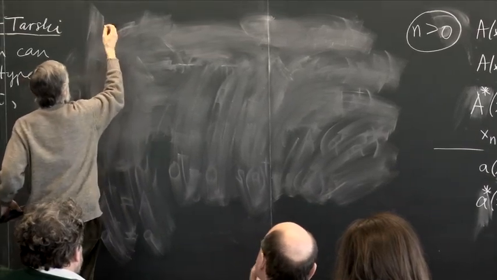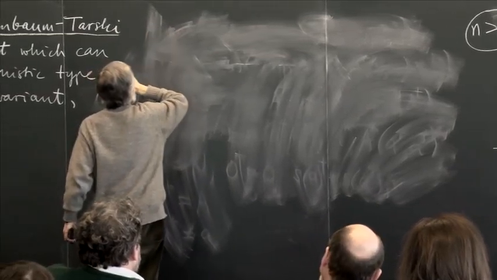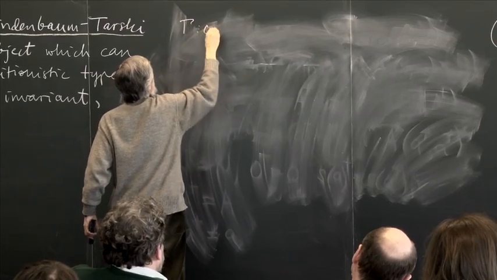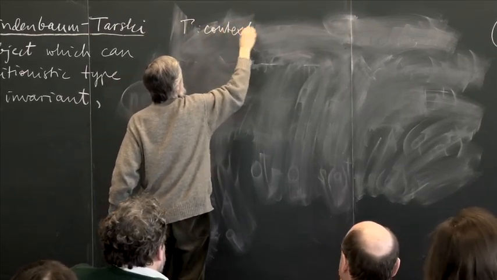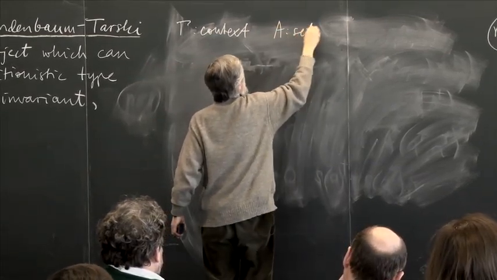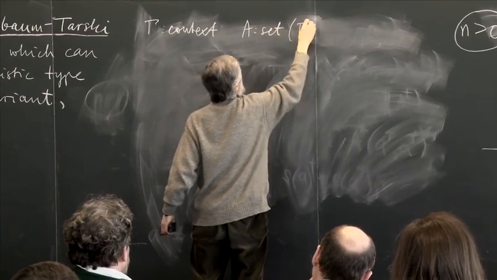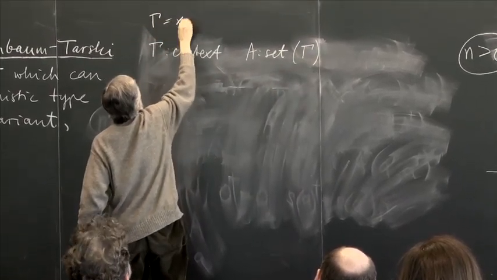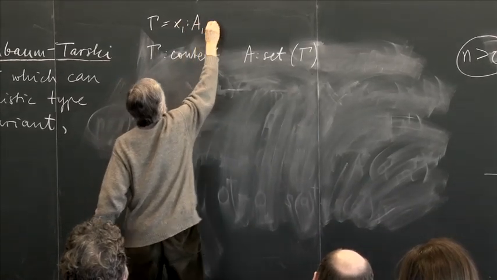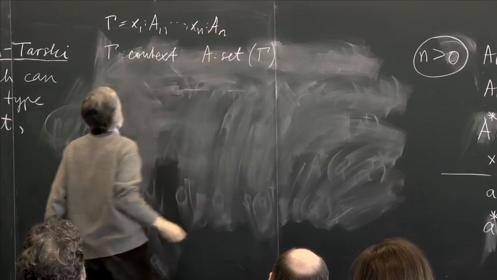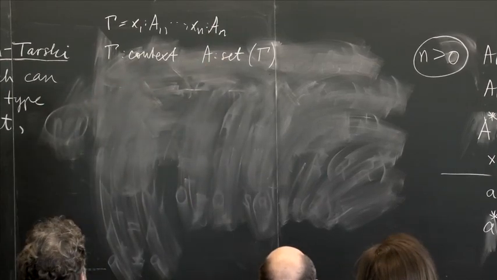So if we have a context gamma, and we have a set in the context gamma, so I should say that means that gamma is x1 in A1, etc., xn in An, that's what the context is.